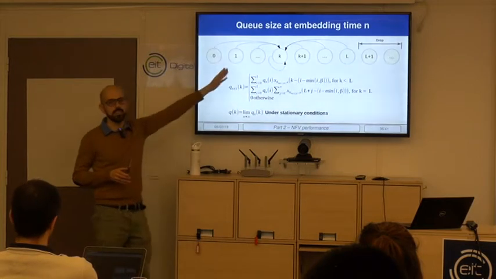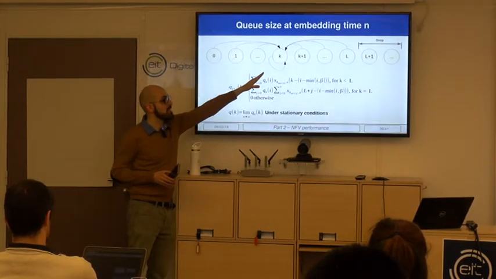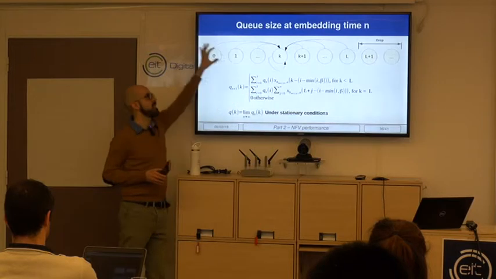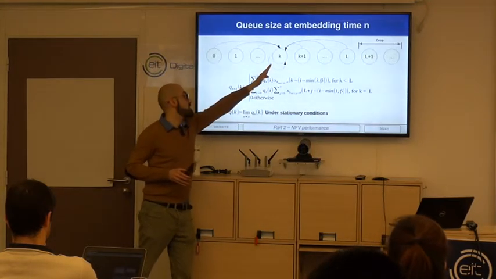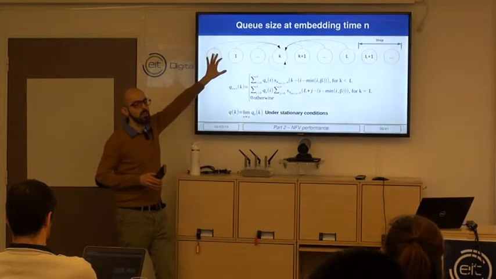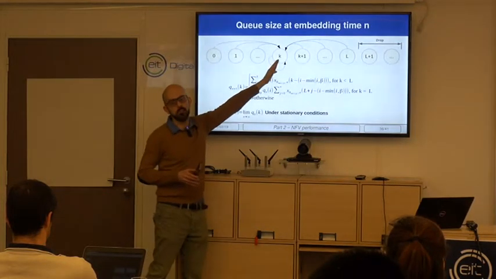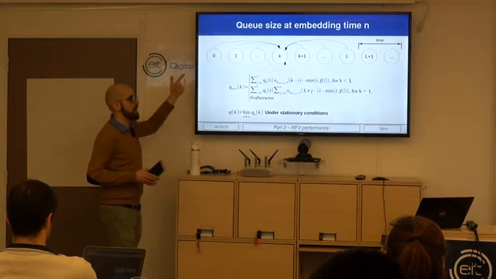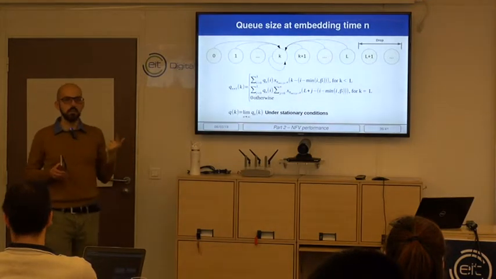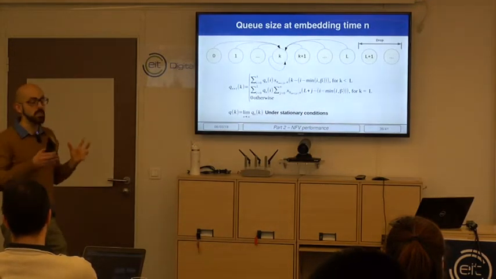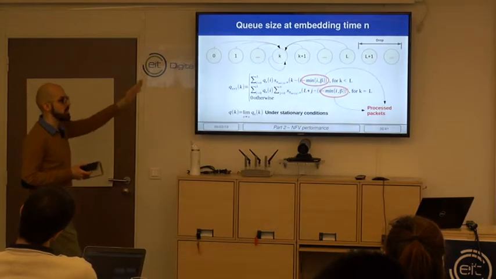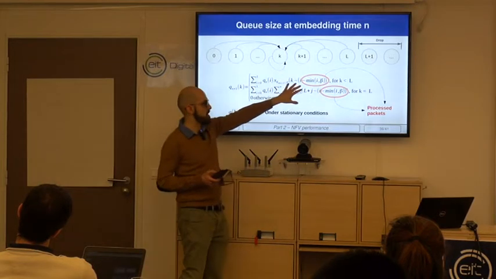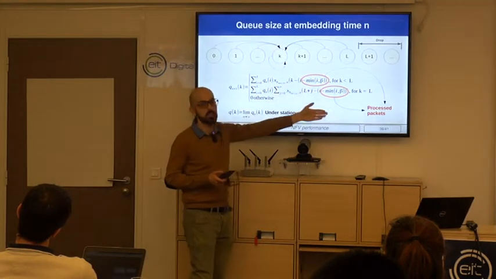The probability of being in a state k is the probability that in the state before you were at 0 and k packets arrived, plus the probability of being in the state 1 and k minus 1 packets arrived. But you also have to take in mind that during this time, the processing is occurring. And in fact, this is why we have to take care about the processed packets.